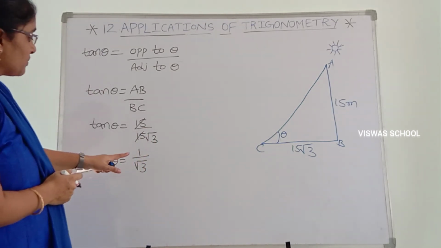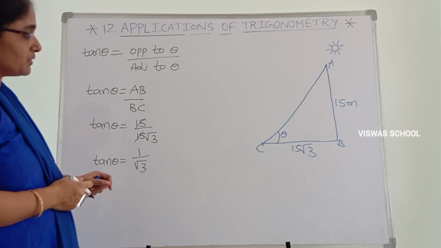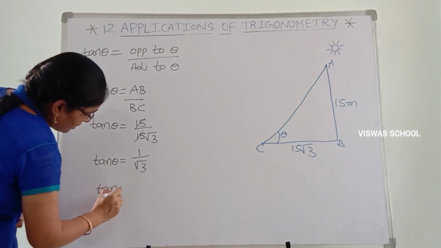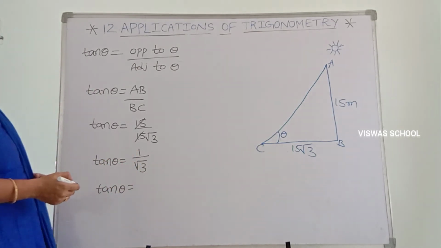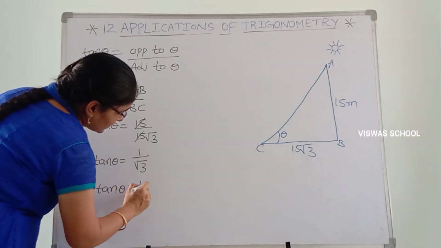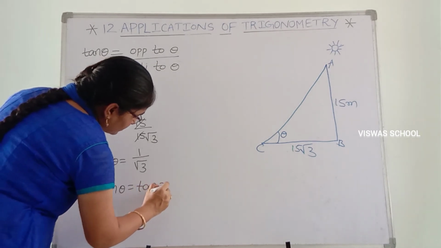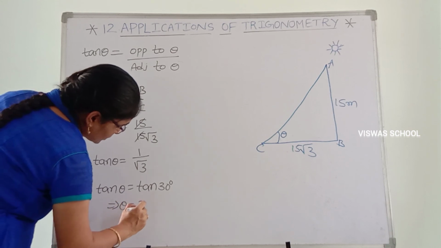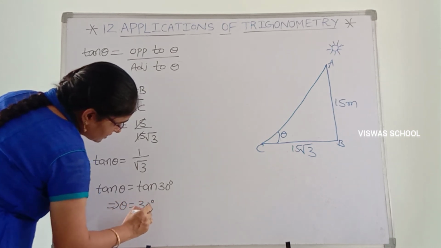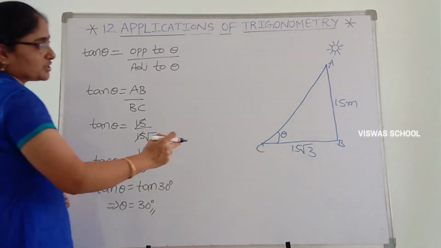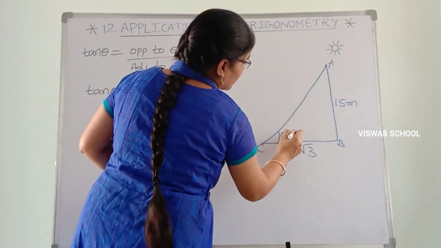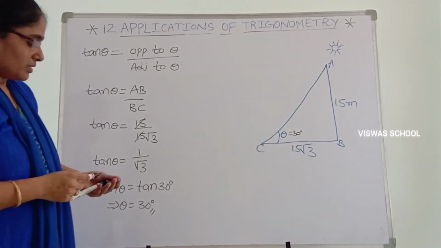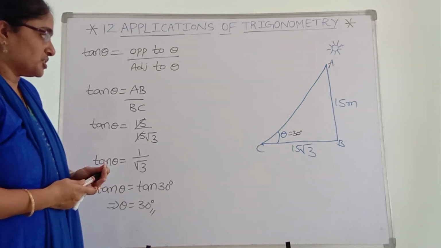From the trigonometric values, what is the 1/√3 value here? Tan 30 degrees. From this, theta is equal to 30 degrees. This is the angle of elevation. Theta becomes 30 degrees. This is the angle of elevation here.